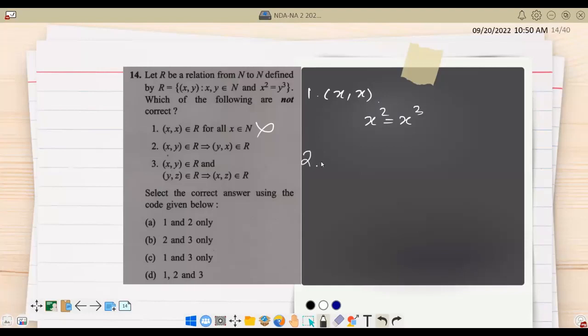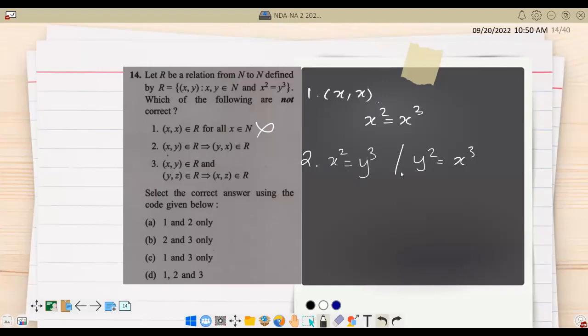To check the second, if (x, y) belongs to the relation, (y, x) should also belong to the relation. Which means you'll have x square equal to y cube and y square equal to x cube.